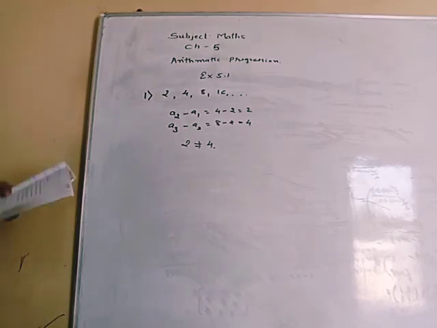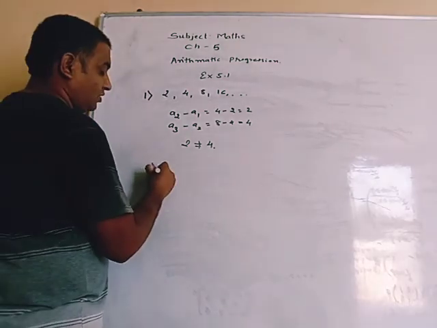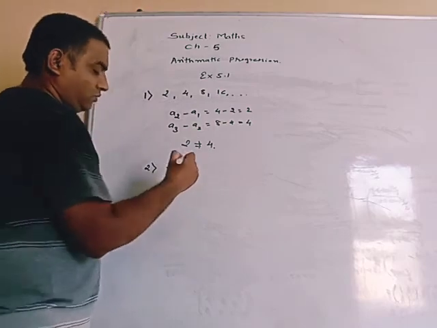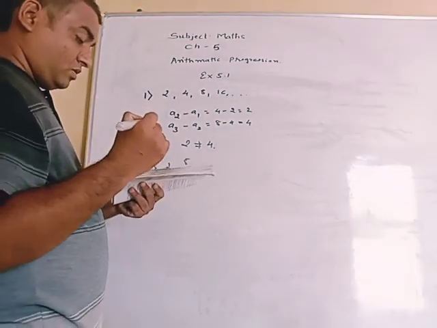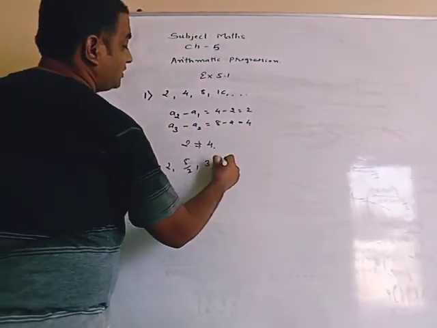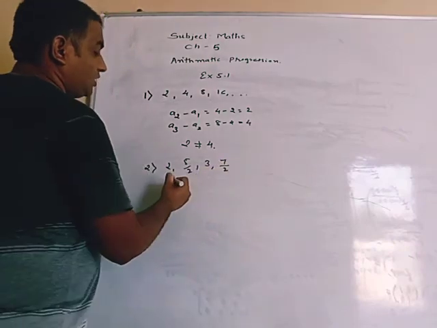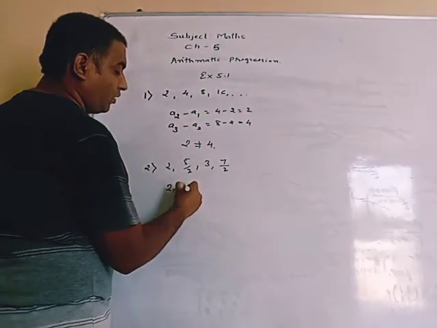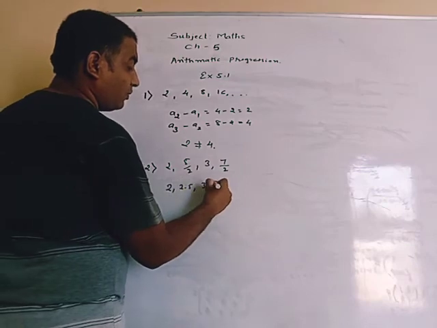The second question is given: 2, 5 by 2, 3, 7 by 2. This we can also write as 2, 2.5, 3, 3.5.